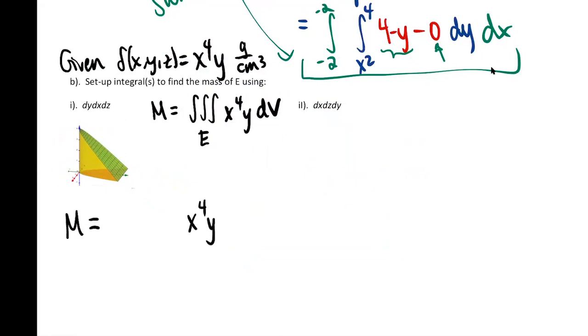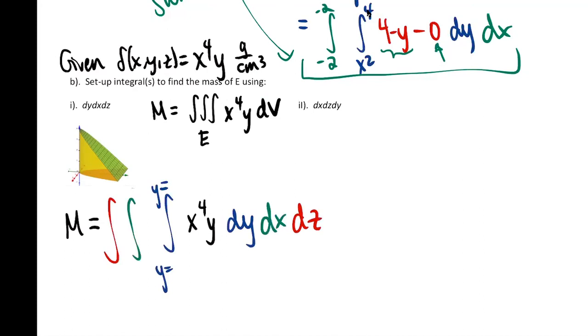But then I'm going to have dy, we'll figure out what these limits are, dx and dz. So take a minute, put it on pause, and see if you can figure out what your bounds would be using this ordering, dy, dx, and dz. Put it on pause while I'm writing the rest of this out and see what you come up with.